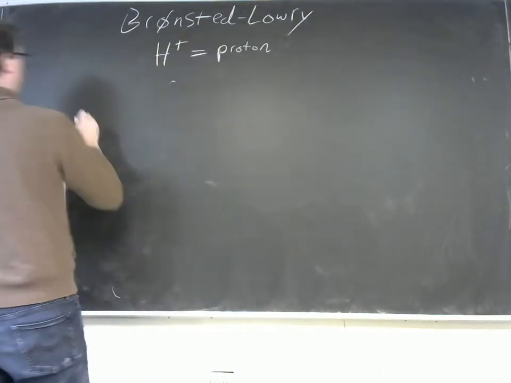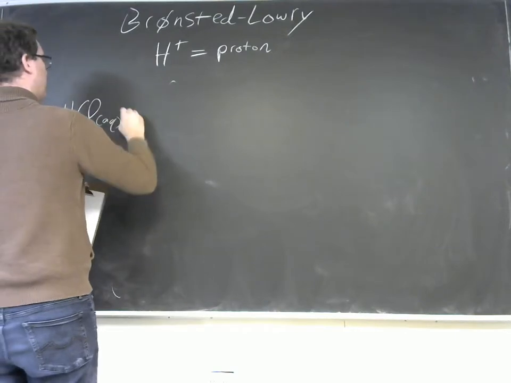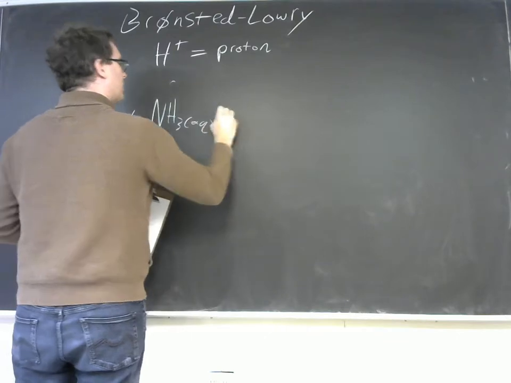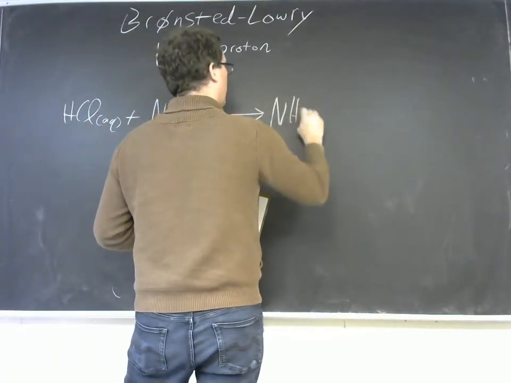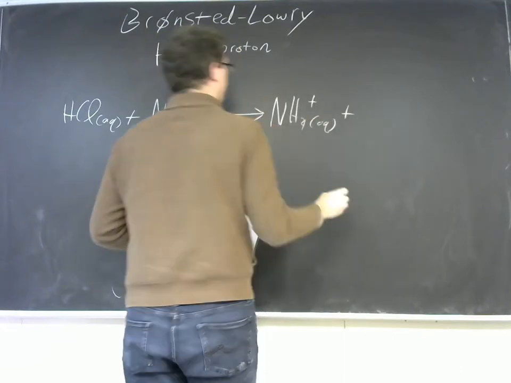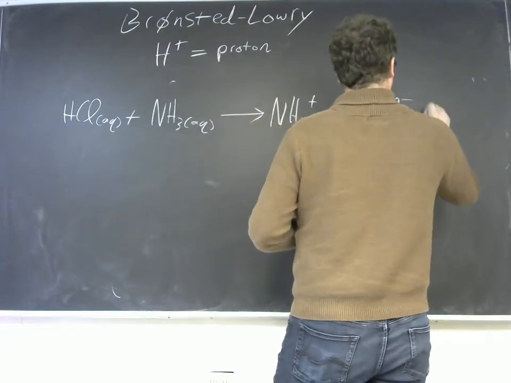So if I have HCl aqueous plus NH3 aqueous, that is going to produce NH4+ aqueous plus Cl- aqueous.